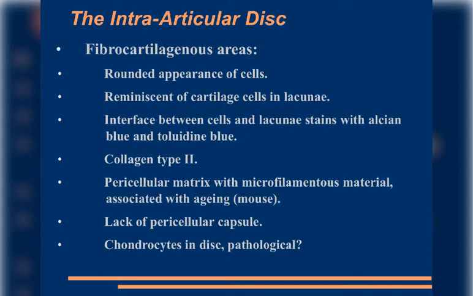So the more aged the mouse, the more likelihood to find fibrocartilaginous areas in the disc. And this is likely to be the same in humans.